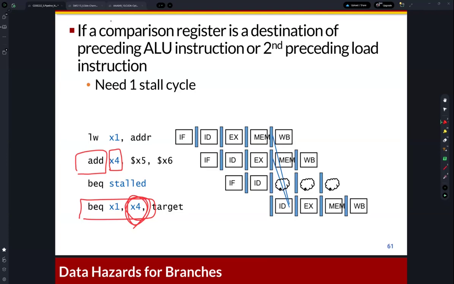So in this case, the BQ needs to wait until this add instruction updates the X4 in the write back stage. Okay.